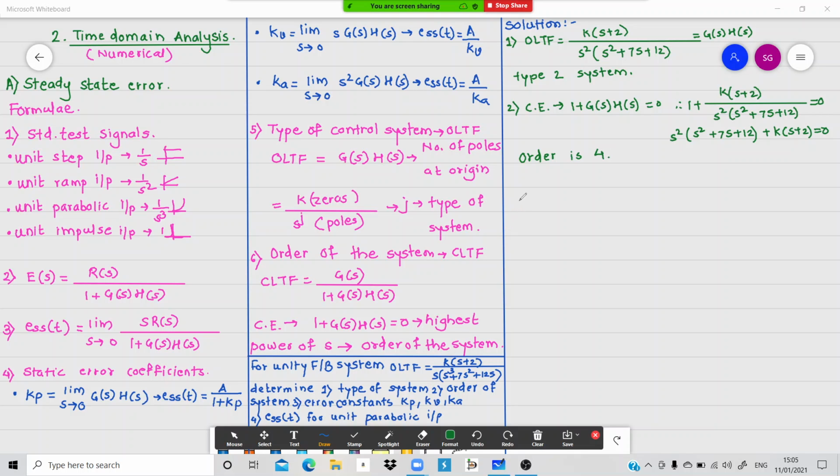Okay. Then the third thing is you're supposed to get Kp, Kv and Ka. So Kp formula you know, I've written it over here.